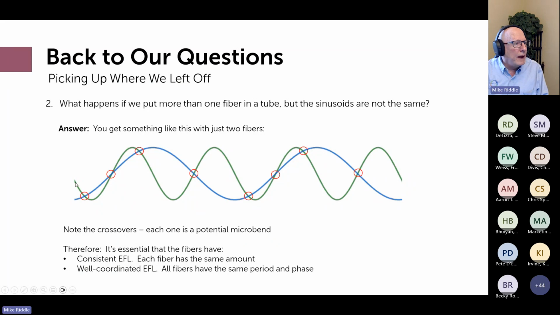So you want the two to have the same period and the same phase, right? I could have the same period with the blue fiber, but be out of phase with it. I could be exactly the opposite. And that would again give me crossovers. So I don't want them. So I need the fibers to have the same EFL and be well coordinated with each other.